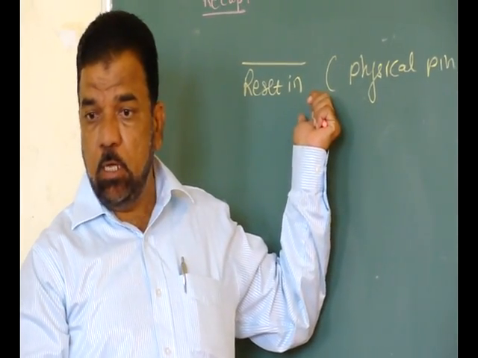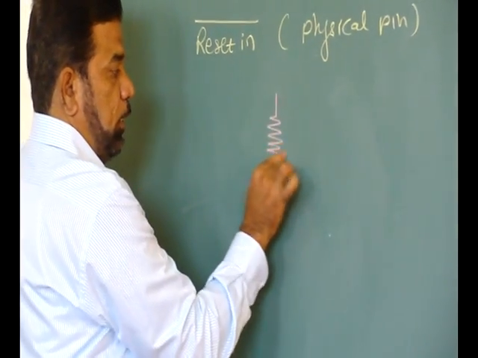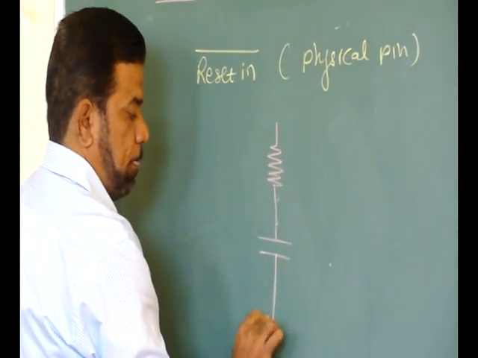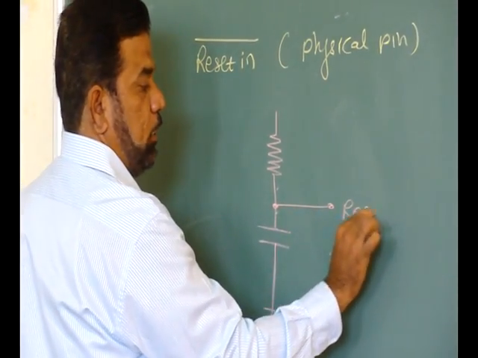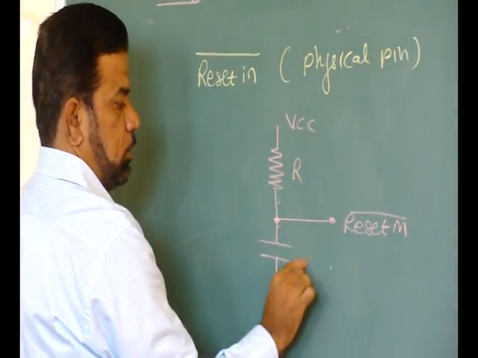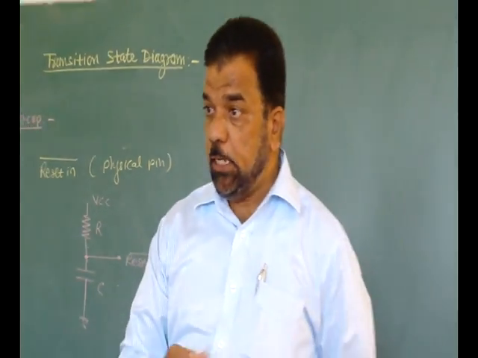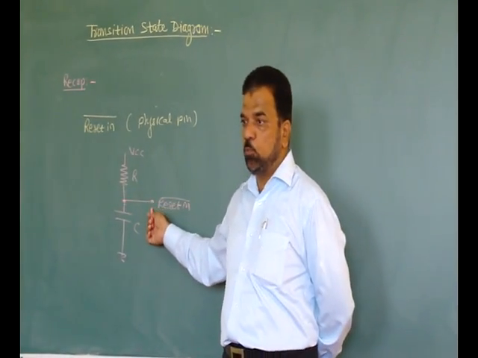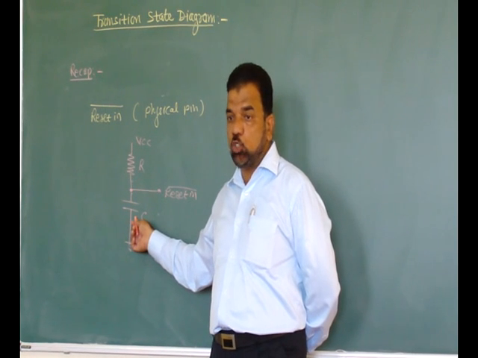Now this 0 can be generated automatically. For example, if you have a circuit like this and I tap this point, calling it RESET IN bar, here is the VCC, and this is your RC. The response to power on is that this voltage becomes 0, because for a sudden change this capacitor acts as a short circuit.